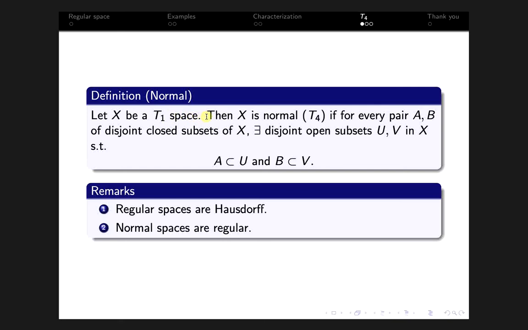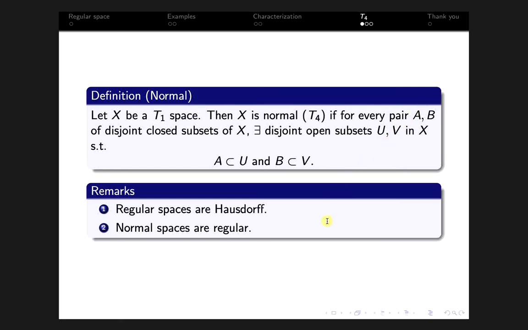Let X be a T1 space, then X is called normal, or T4, if for every pair A and B of disjoint closed subsets of X, there are disjoint open subsets U and V in X such that A is contained in U and B is contained in V. That is, X is called normal if one can separate every pair of disjoint closed subsets of X by disjoint open sets in X.